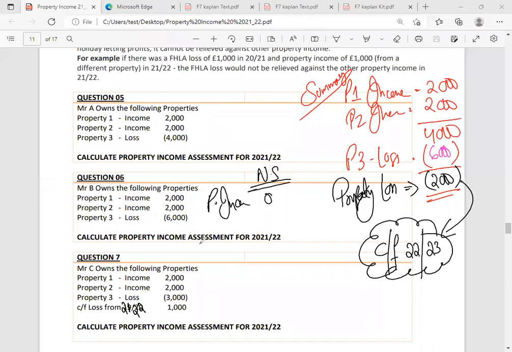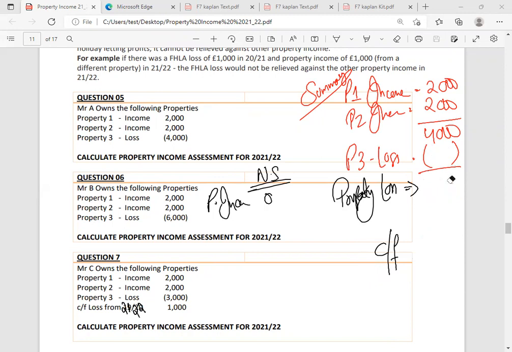Question number 7. What change did I make? There's a loss from the previous year, 2000. Current year income is only 3000.